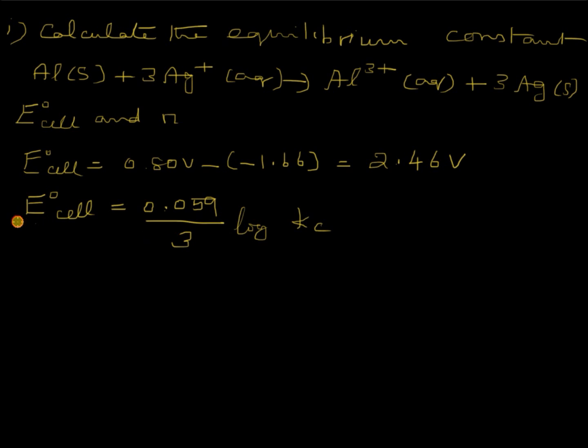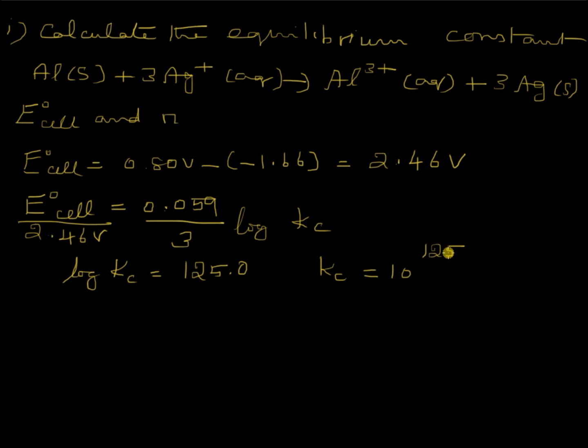Substituting the value of 2.46 for E naught cell, when you calculate you get a value of 125.0 for log Kc. Log Kc is equal to 125.0. So Kc has a value of 10 to the power 125.